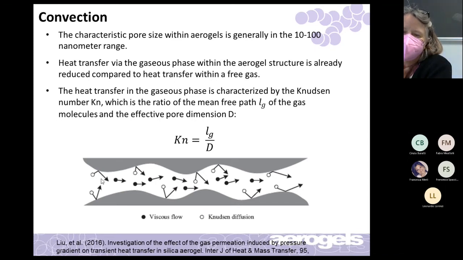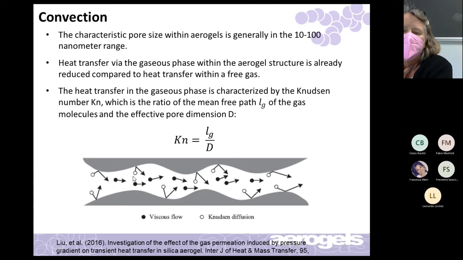In one case, if the mean free path of a molecule compared to the diameter is much larger than the diameter, a molecule is likely, and that's shown with these open symbols, to hit the wall.